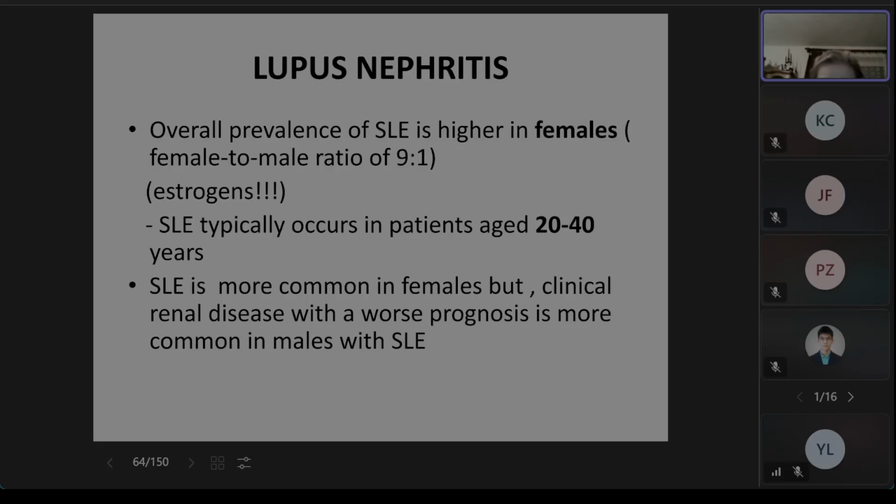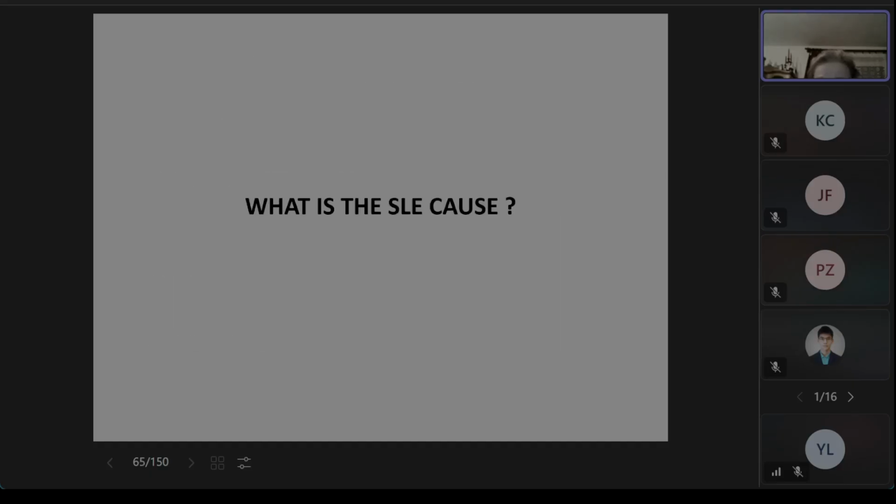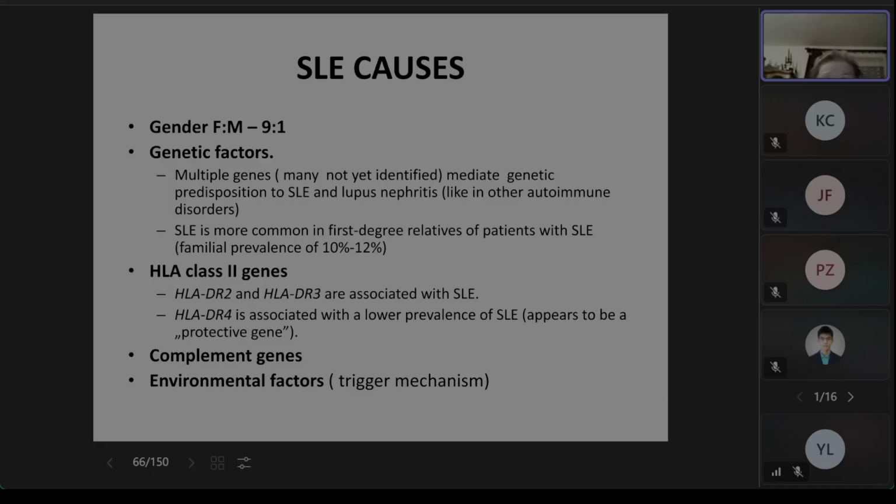As regards the prognosis, it is better for patients who don't have lupus nephritis, but if it occurs, it is very important to recognize the type of kidney injury and try to improve the course of systemic lupus erythematosus.